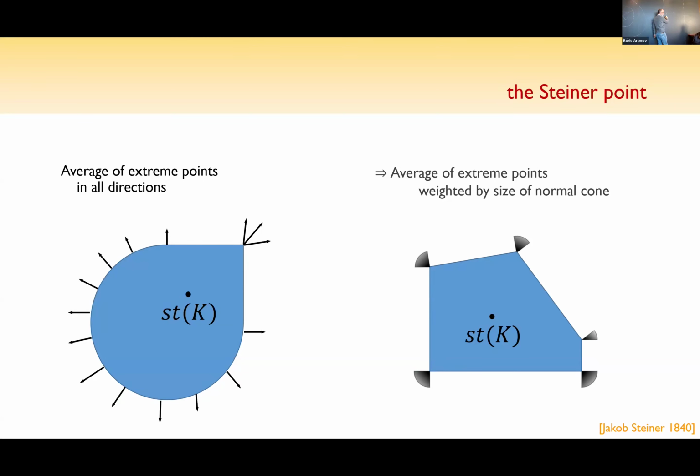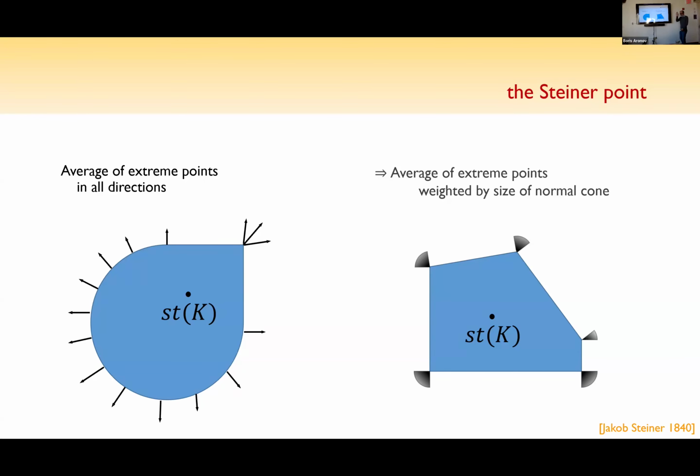So look at a random Gaussian, so it's a random direction. Look at the point in my convex body which is the maximizer. So if I took this direction, then this point would be the max.